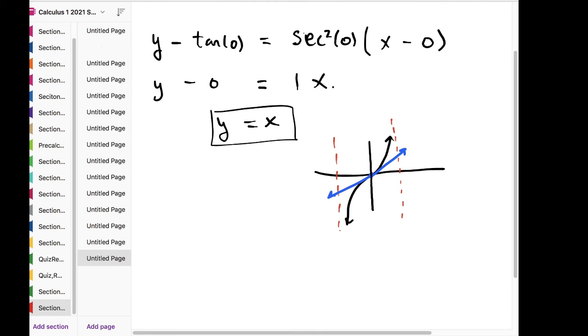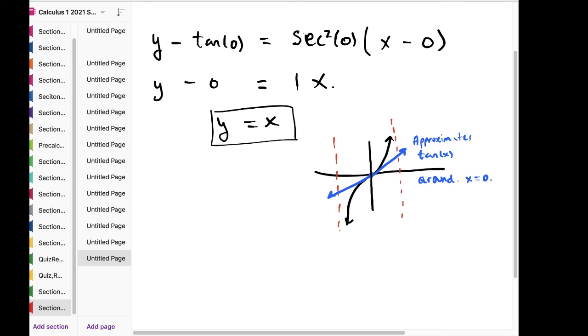So one way to think about the derivative and why it's useful, it approximates tangent around, not at, but around 0. So we'll do this actually later when we do differentials.